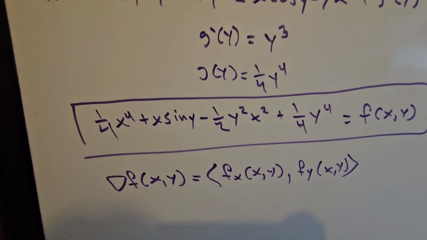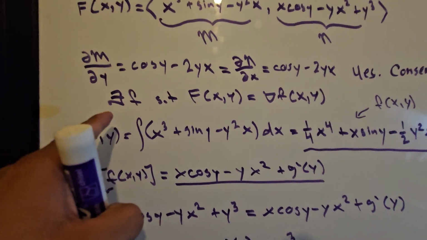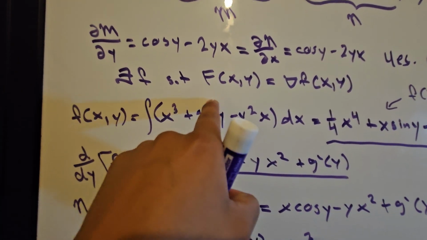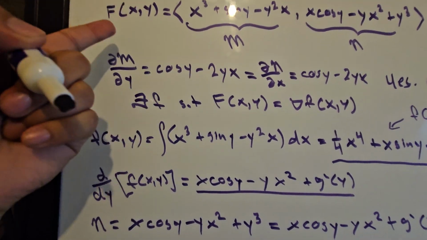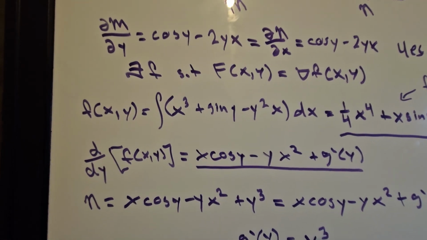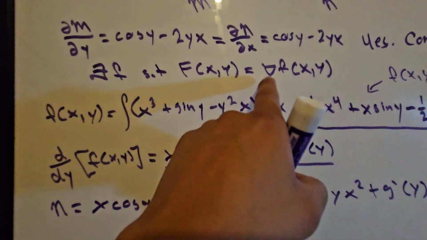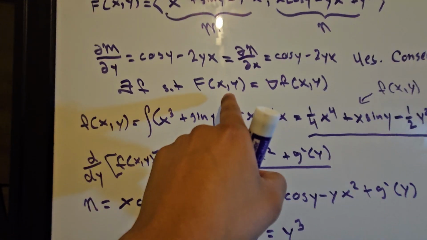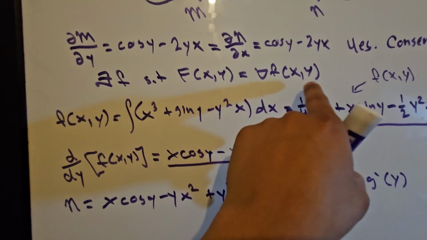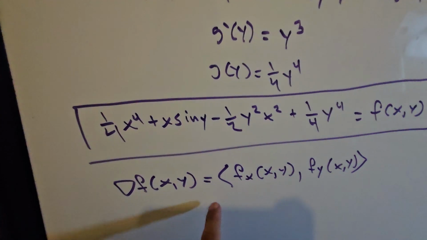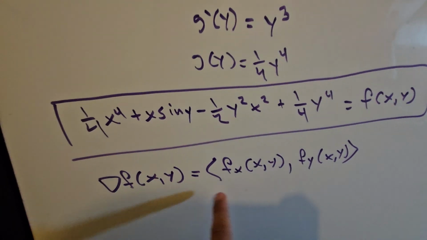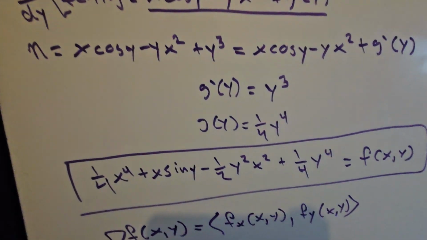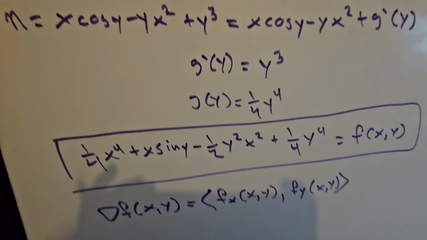So there exists a potential function, this one, such that the vector field we had here is equal to the gradient of f of x and y. So just take the gradient of this and it should be equal. That's it. If you have any questions, just let me know. Thank you.